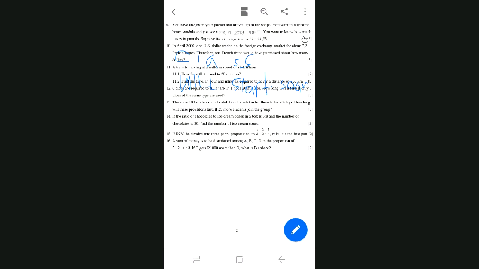You want to buy some beach sandals, and you see a pair which costs 7 euros. You want to know how much this is in pounds. Suppose the exchange rate is £1 to 1.25 euro.